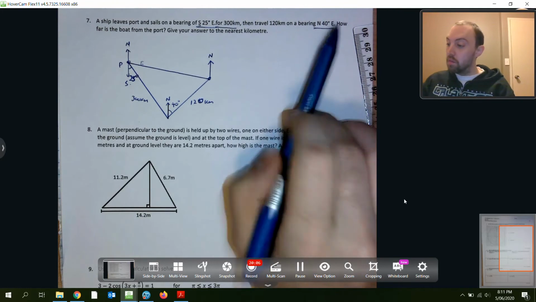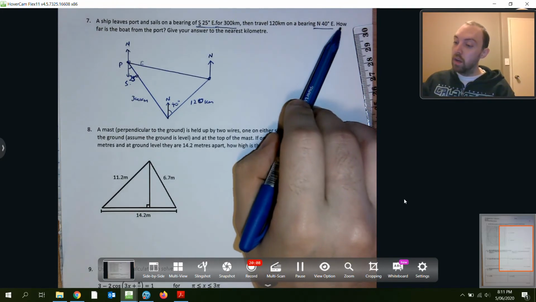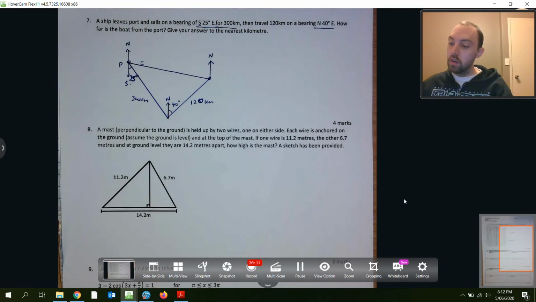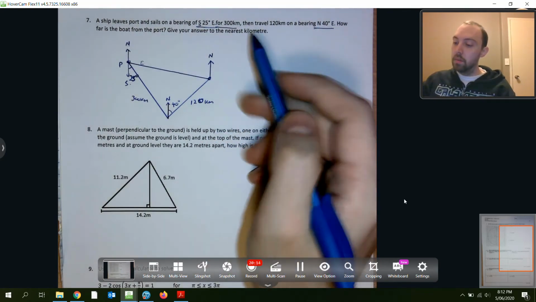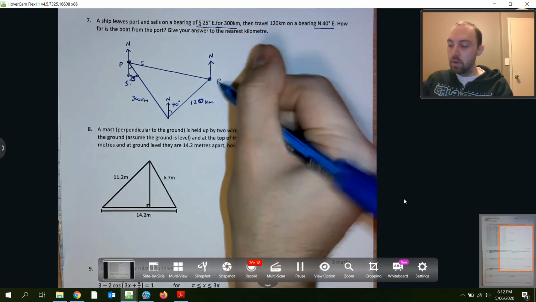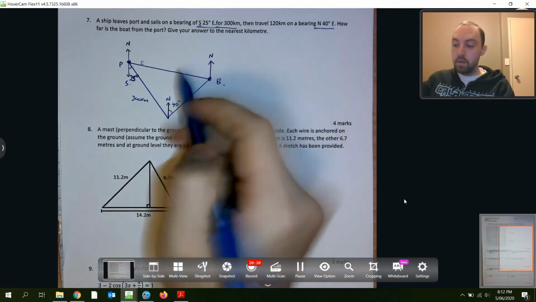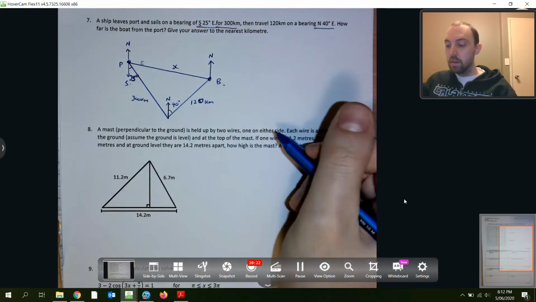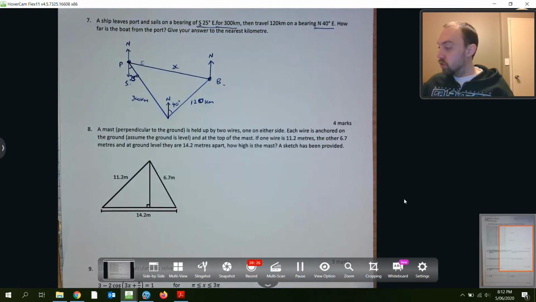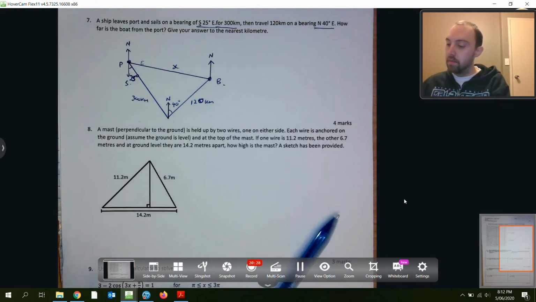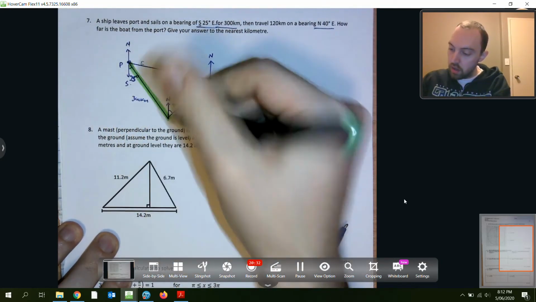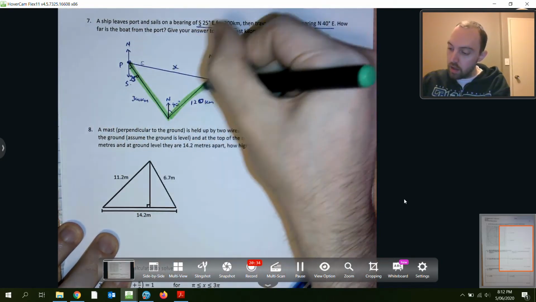What I'm actually trying to find might be a good part. How far is the boat from the port? Give your answer to the nearest kilometer. So if this is the port and this is the boat, I want to find this distance. Now I have two sides, this side and this side.